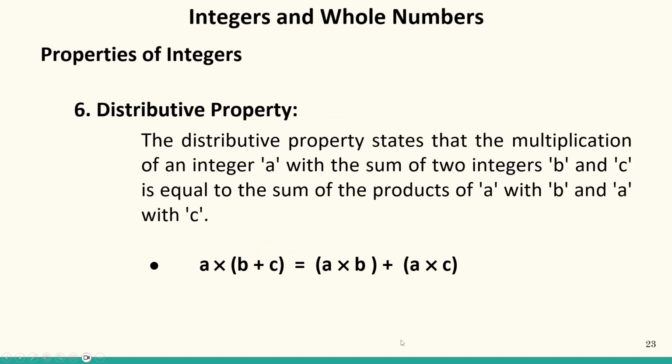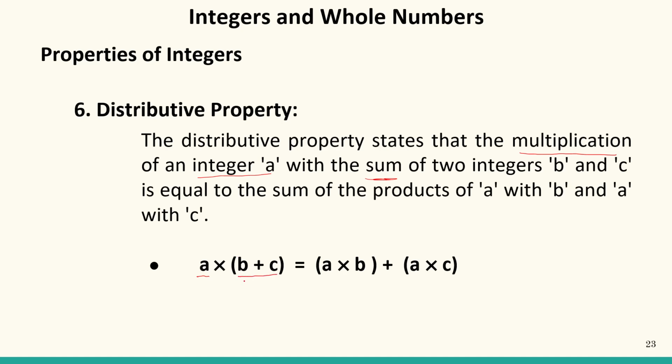So the distributive property of integers. Okay, this is a very crucial property. So the distributive property states that the multiplication of an integer a with the sum of two integers b and c, here you can say that multiplication of a with the sum of b plus c.